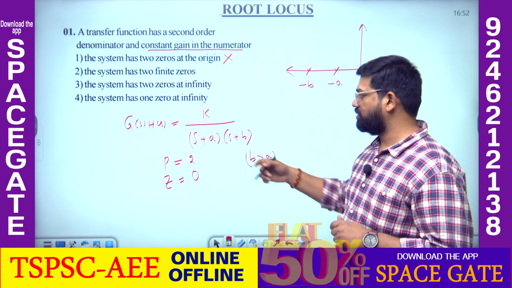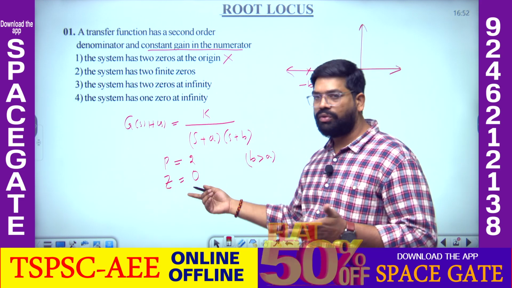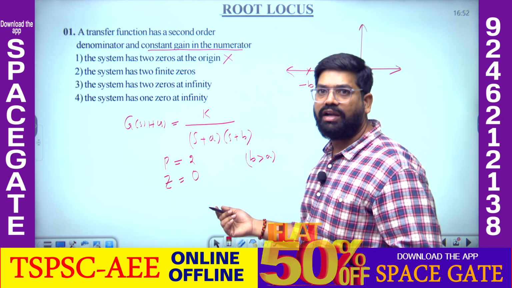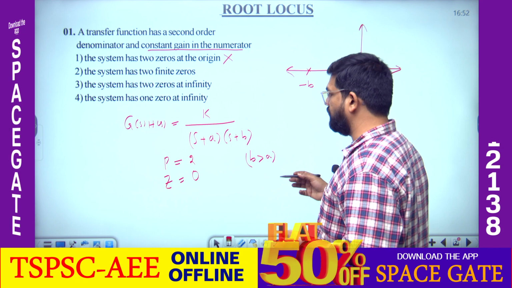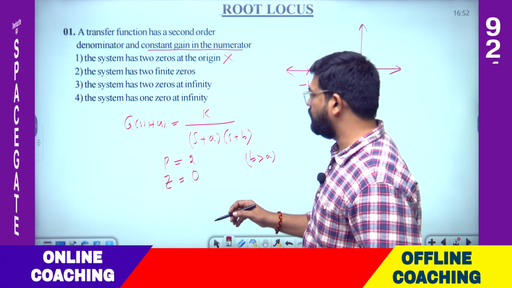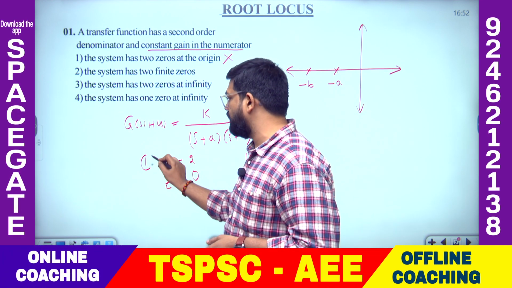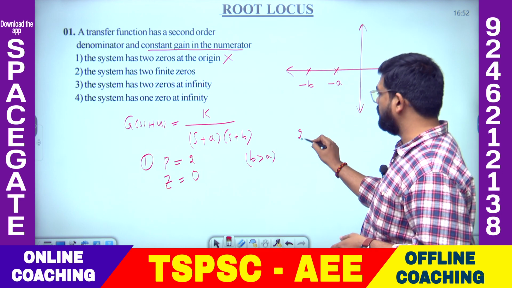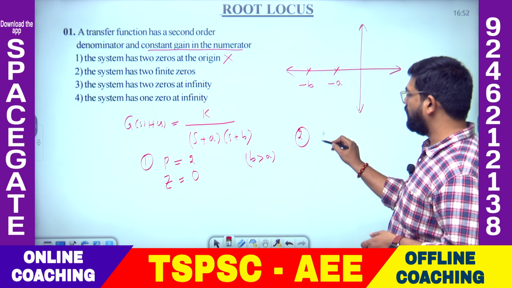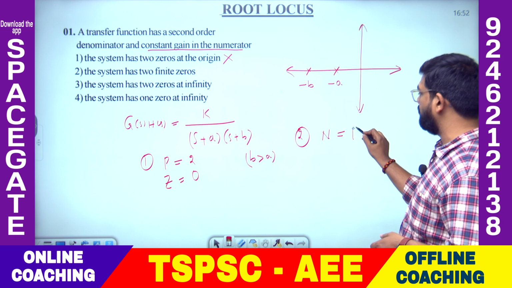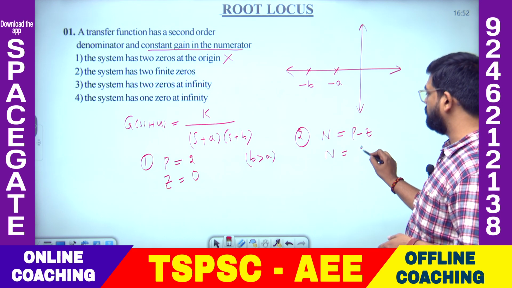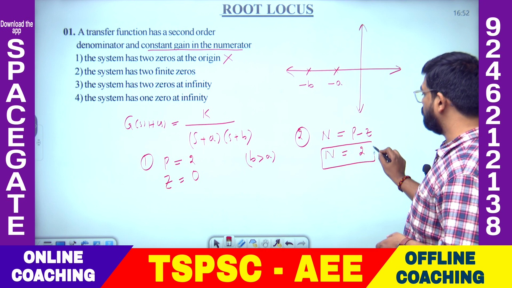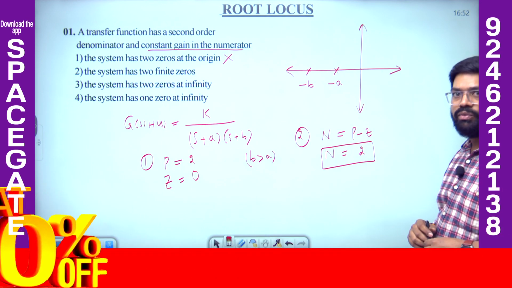So there are two poles and no zeros here, so definitely there will be two asymptotes. The number of asymptotes is equal to P minus Z, so N is equal to 2 minus 0, which is 2. So two asymptotes are there.